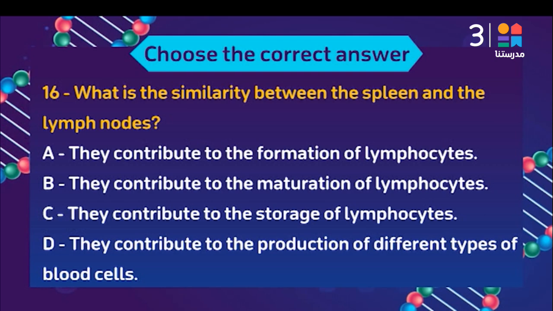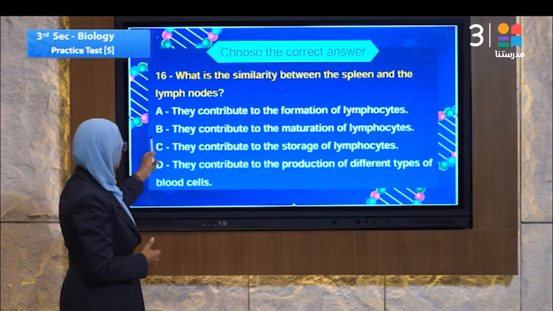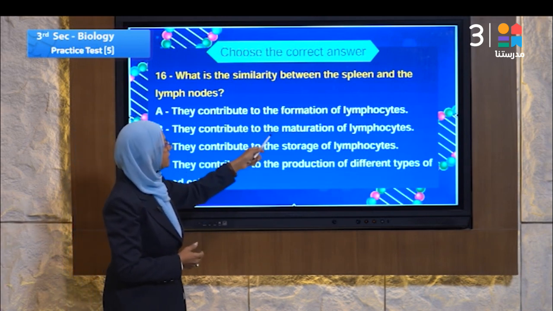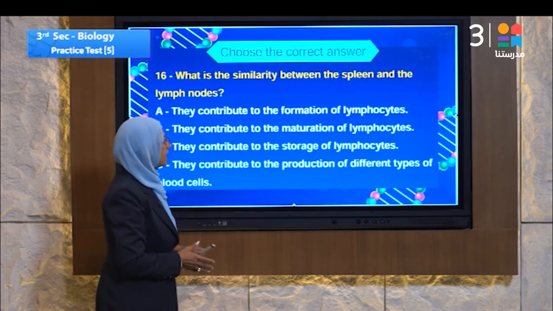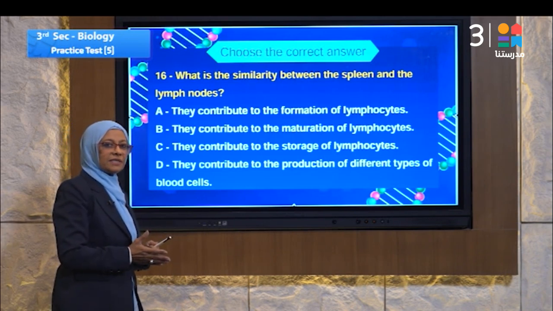We must find the similarity between them. A, they contribute to formation of lymphocytes. Let's read B. They contribute to the maturation of lymphocytes. No, neither one is responsible for maturation.